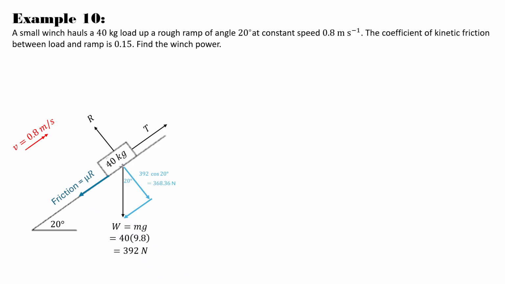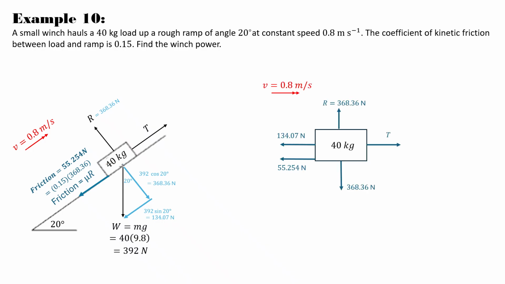And we get 392 cos 20, which works out about 368.36 newtons, and 392 sine 20, which works out 134.07 newtons. So our reaction there is 368.36 newtons. So our friction is 0.15, that's our coefficient of friction, mu, times our reaction, 368.36, which works out as 55.254 newtons.